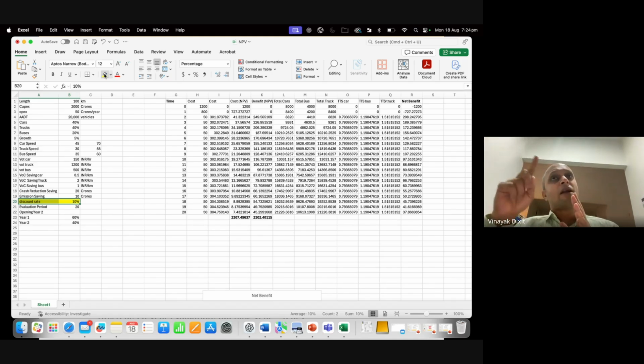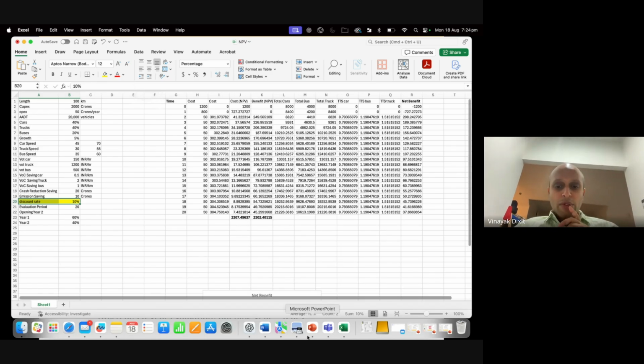In 3 years, it will be 100 divided by 1.1 cube, and so on and so forth. Does that make sense? That's an important concept of discounting. Sir, can you please repeat it? Yeah, what I'll do is I'll write it out.